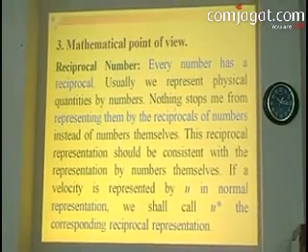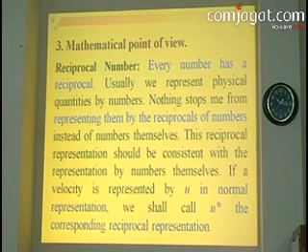Because there is a one-to-one correspondence between numbers and their reciprocals, this is as consistent mathematically as numbers themselves. This reciprocal representation should be consistent with the representation by numbers themselves. This is the requirement. We should get a valid description if we use reciprocals of numbers instead of numbers themselves.